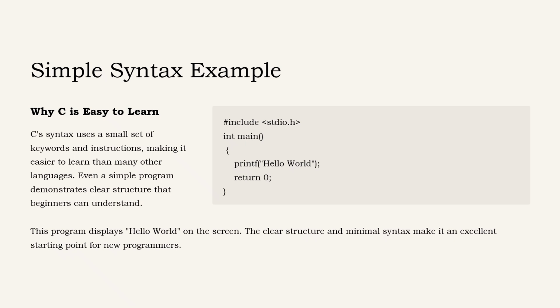For example, you can see a simple C program which looks like include, int main is a function where you're going to display the hello world message. So this program simply displays hello world on the screen. Even beginners can understand this structure easily.